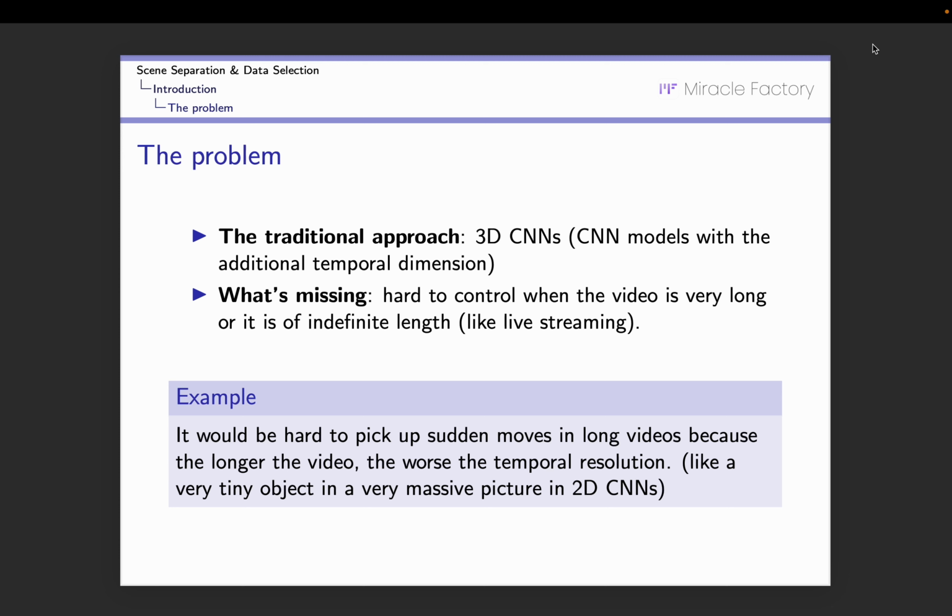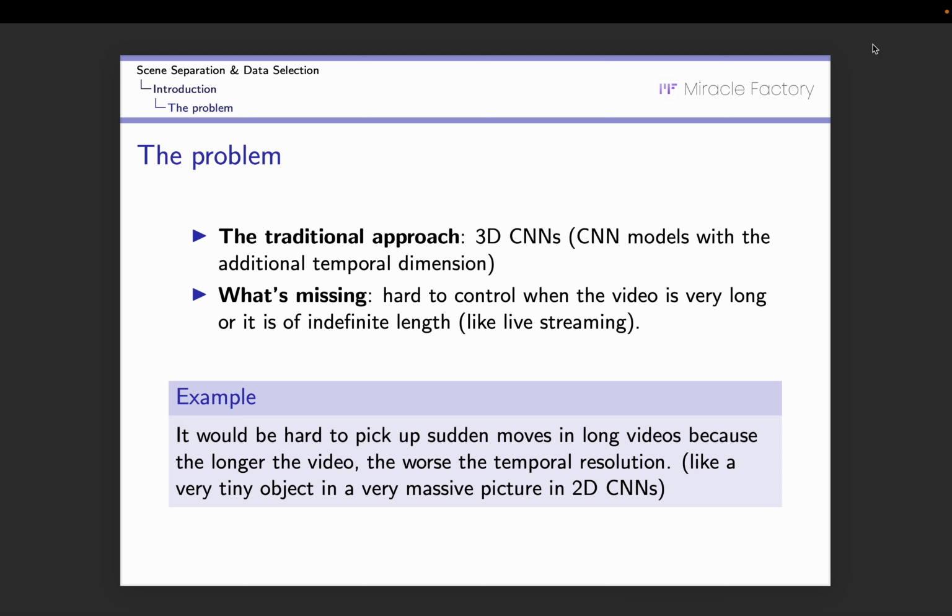What is missing with this type of algorithm is that 3D CNNs are usually harder to control when the video stream is very long, like an hour or two, or of indefinite length, like a live stream. For example, usually the longer the video, the worse the temporal resolution gets for 3D CNNs.